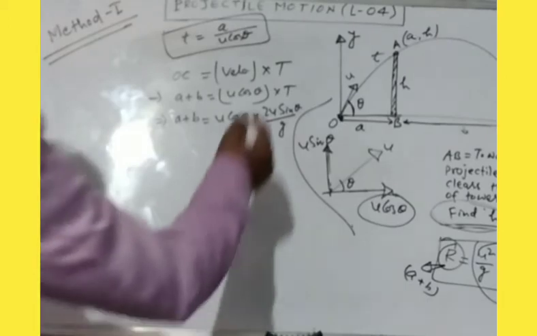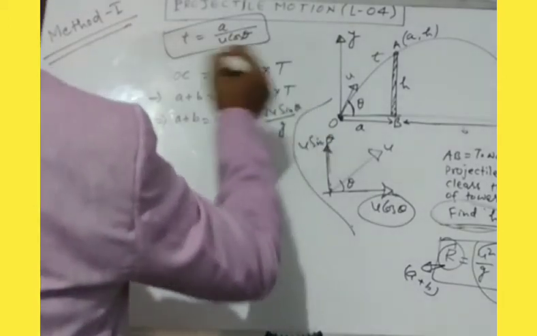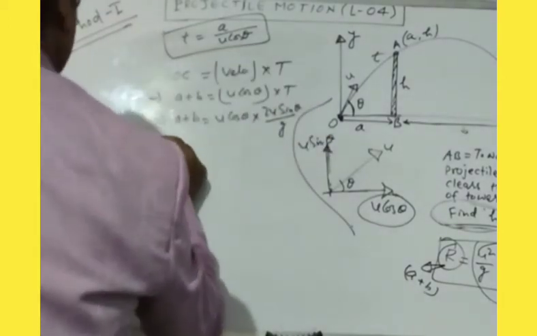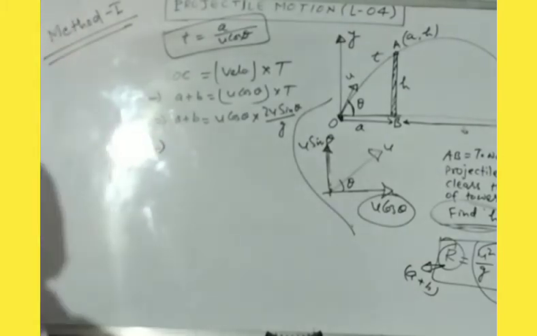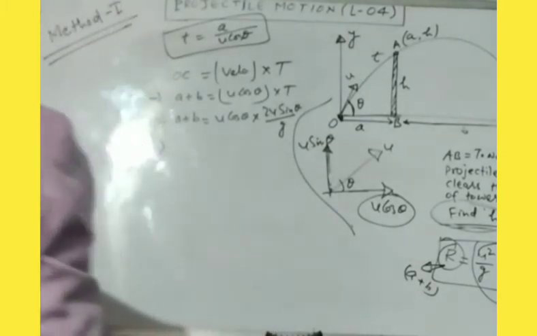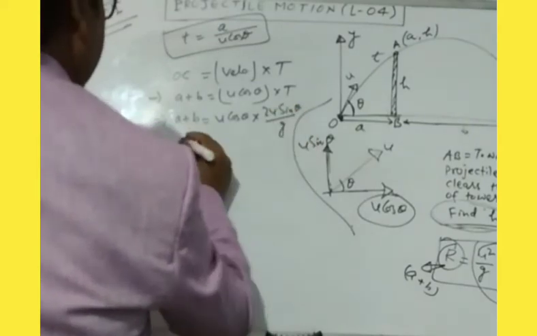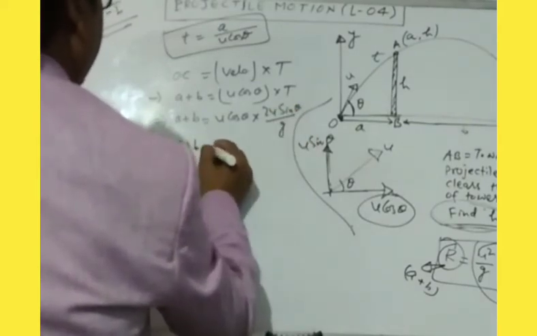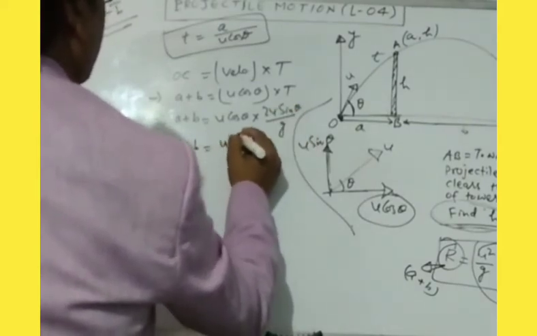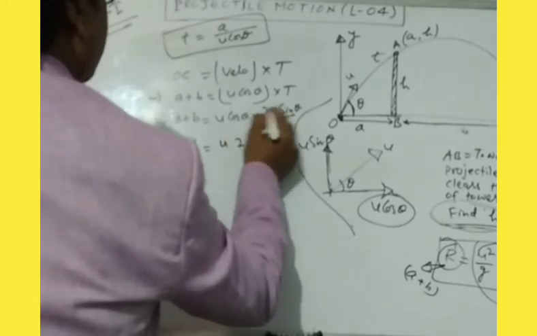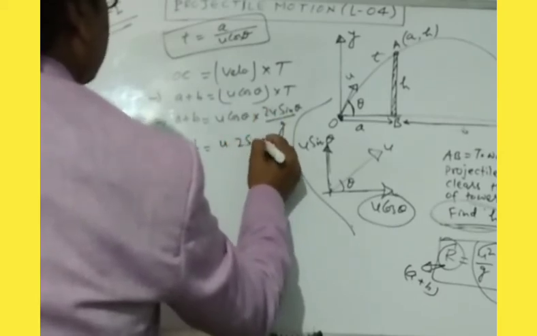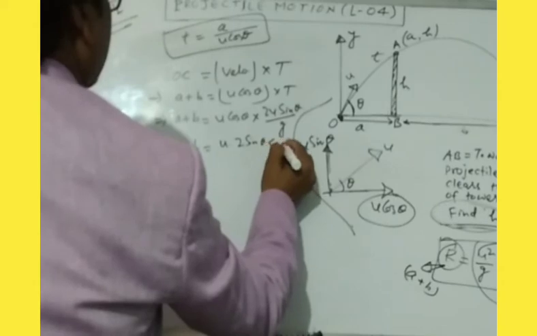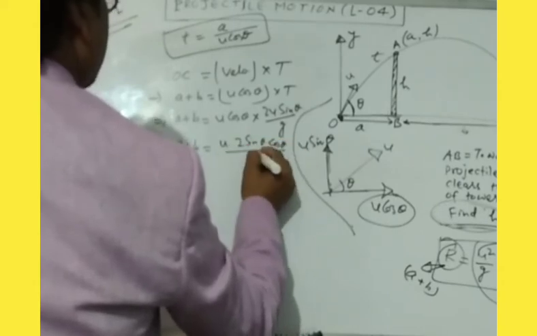So we have just put the formula for capital T. So finally what you are getting from here is basically a plus b equals u into 2 into sin theta into cos theta upon g.